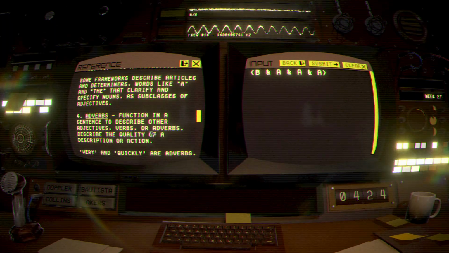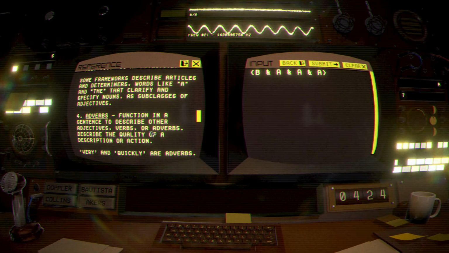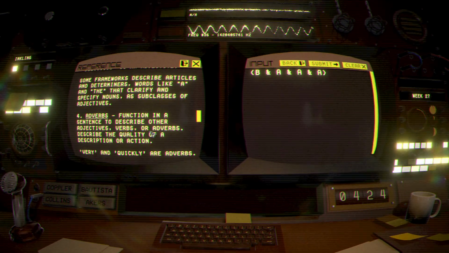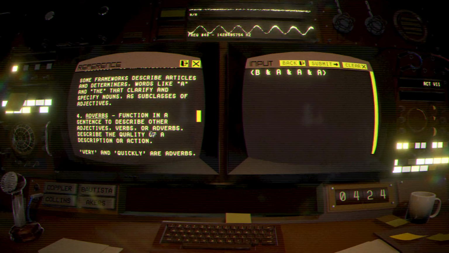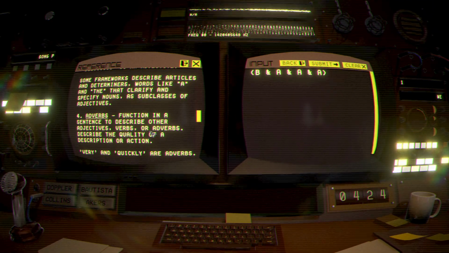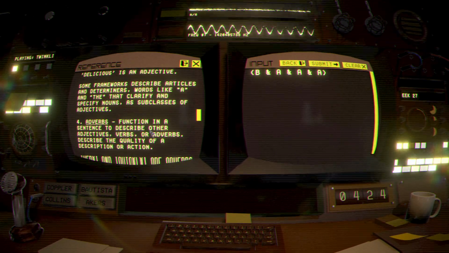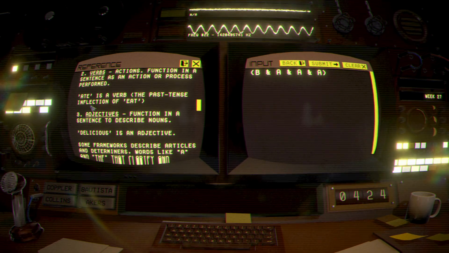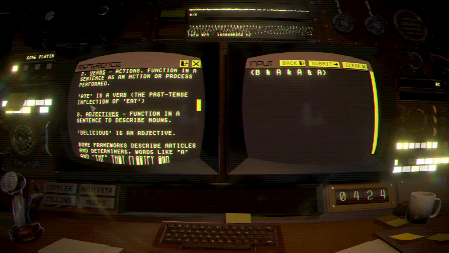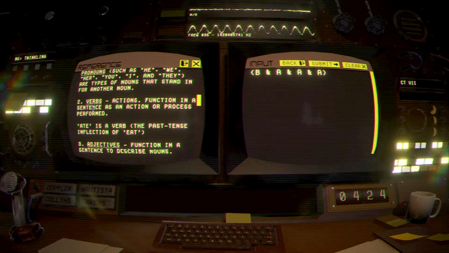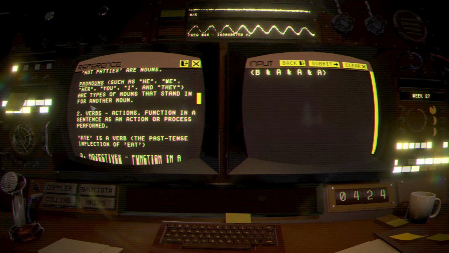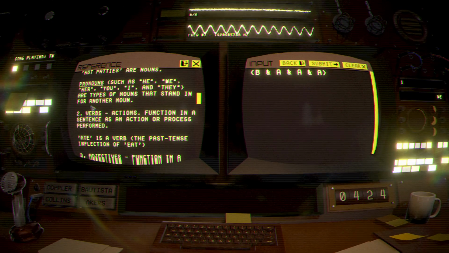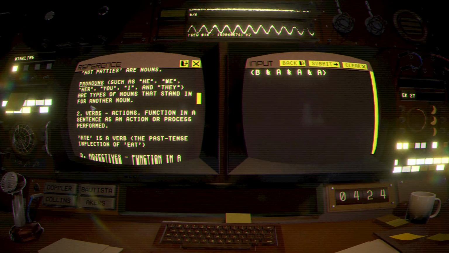Function is sent to other adjectives, verbs, or adverbs. Thinking. Thinking. Brain loading.